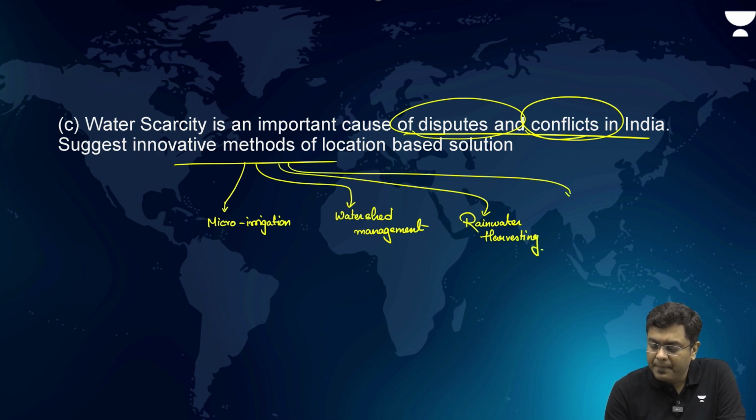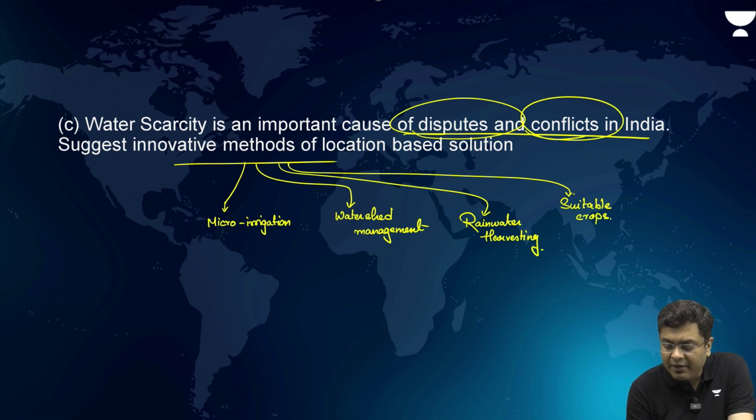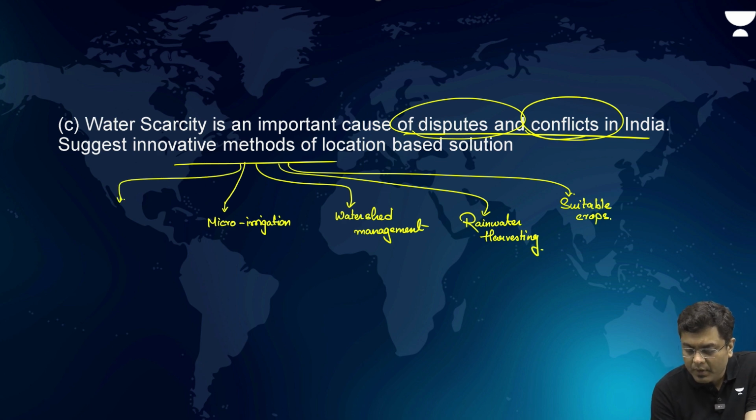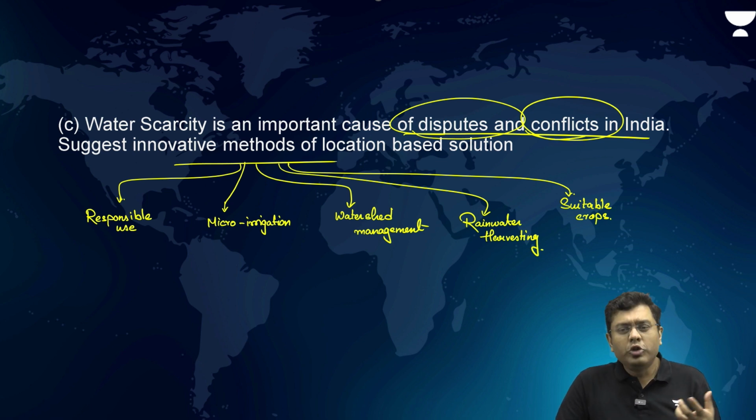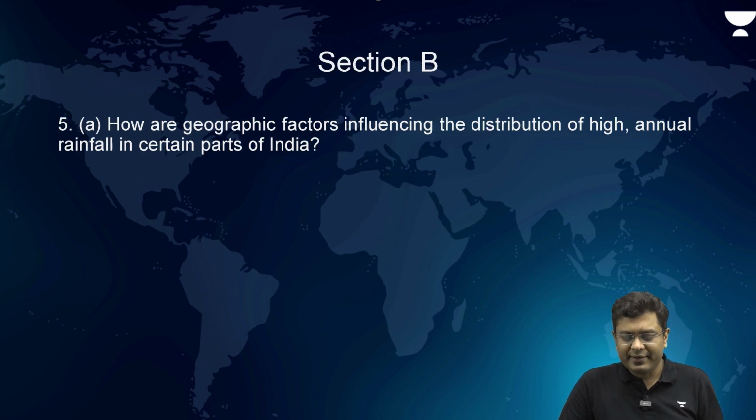Then suitable crops to be grown in that region. Then after that, industrial use to be charged, responsible use, right? Then you can talk about the creation of more tankages and tank structures, then water metering, all those factors you can talk about in this.